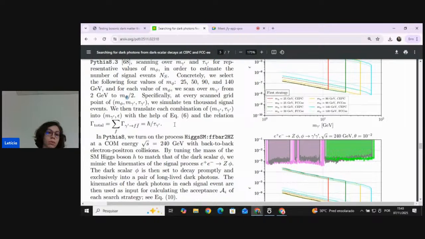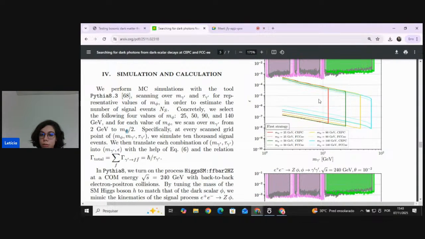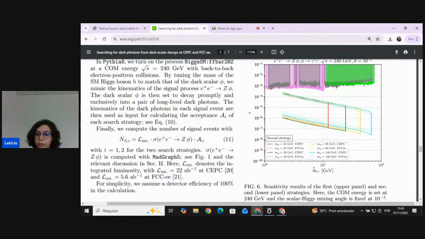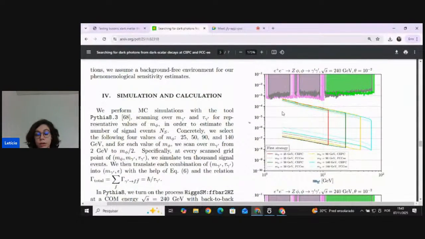They fixed both the coupling and the mixing with the Higgs. And they put here some iso curves for the parameter space of the kinetic mixing versus the mass of the dark photon in both these cases. So this is for the first strategy, and later we have the second strategy.